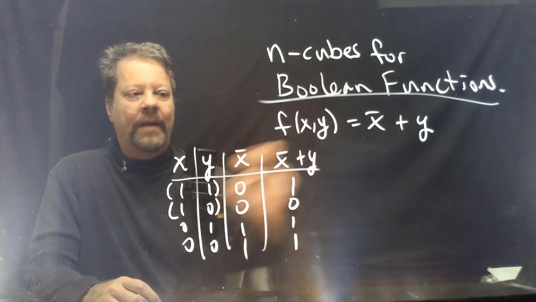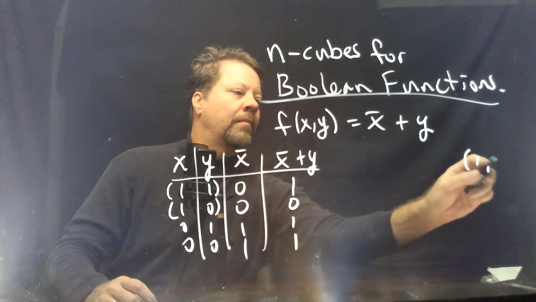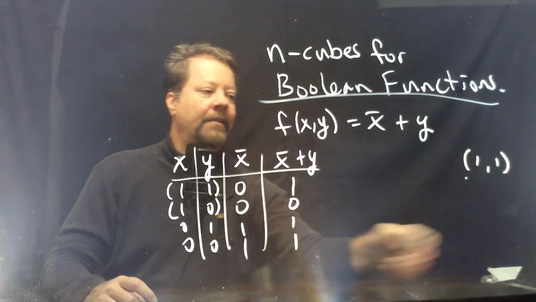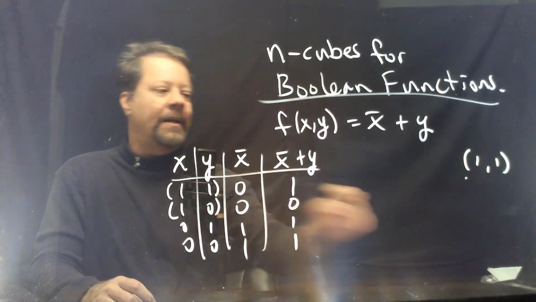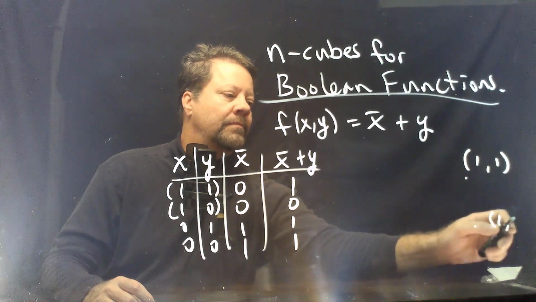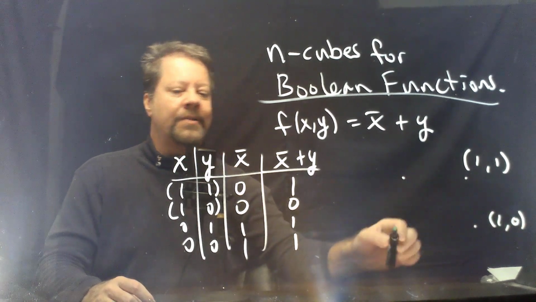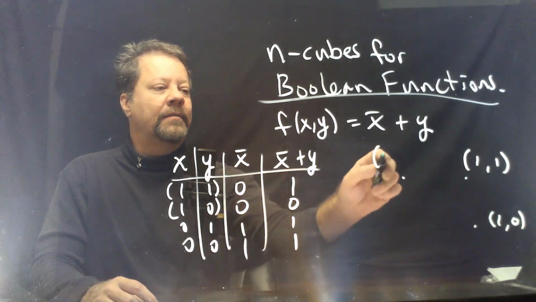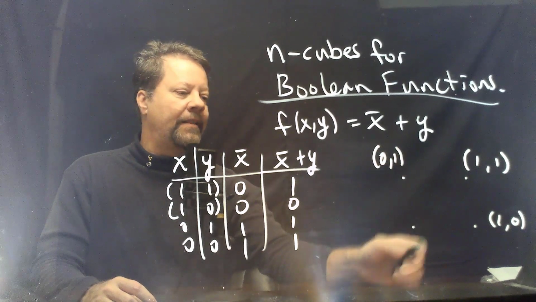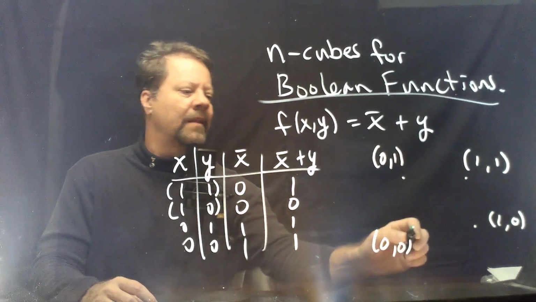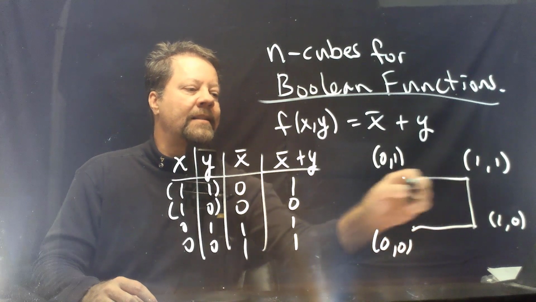Now, think about these as ordered pairs going into our function. We have 1, 1 that goes in. That's a point on the graph here. 1, 0. We also have the point 0, 1 and the point 0, 0. Let's connect these all with line segments.